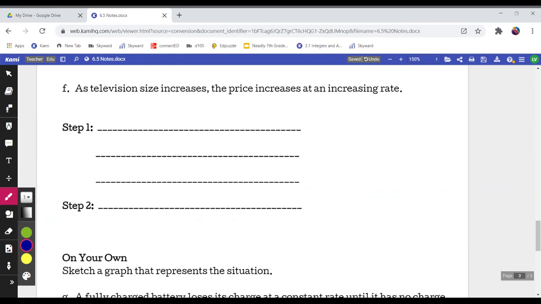So, letter F. As television size increases, the price increases at an increasing rate. So, step 1 is to draw the axes.